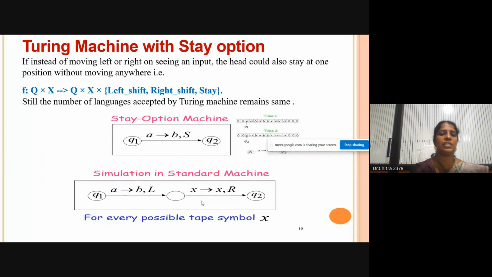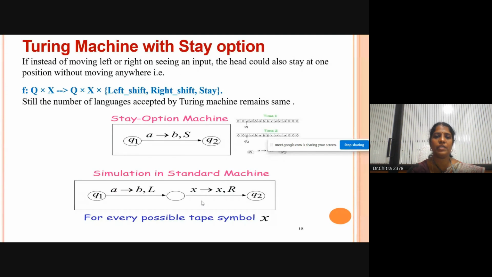The first one is the Turing machine with stay option. In general, after changing the symbols or without changing the symbols, the Turing machine may either move left or right. If the Turing machine is designed to stay in the particular position itself, then that Turing machine is called the stay option Turing machine.